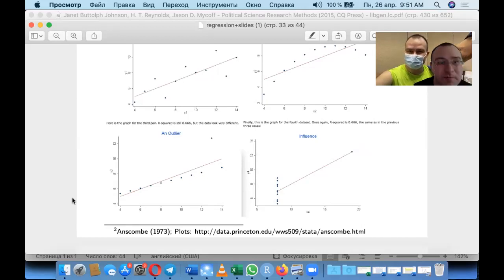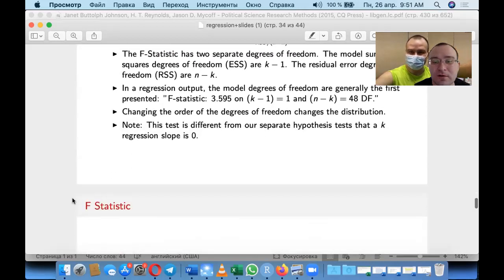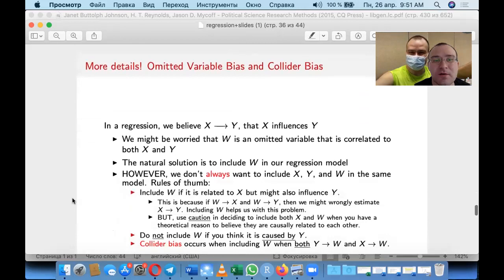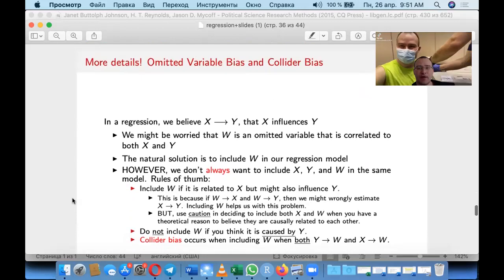Okay, next thing would be more things. When you look at your regression model, your model fit, you have to think about things like omitted variable bias and collider bias. What it means is, as usual in regression, we think that your independent variable has some kind of effect on your dependent variable.